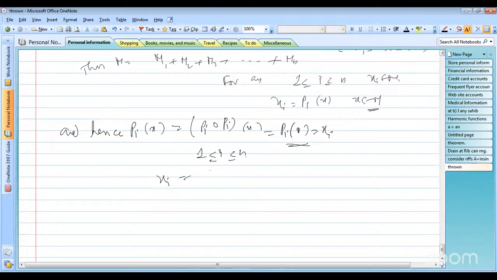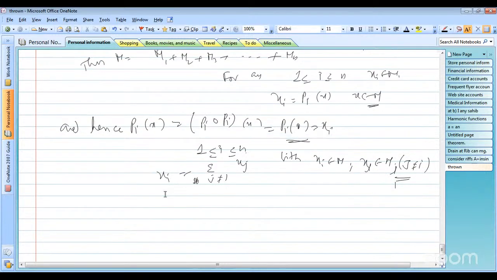So therefore xi is equal to the summation over j not equal to i of xj, with xi belongs to Mi and xj belongs to Mj, that is j not equal to i, we are writing here.